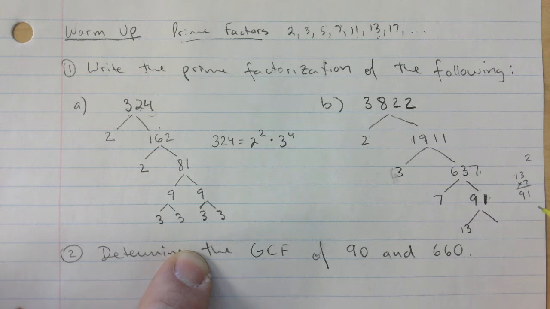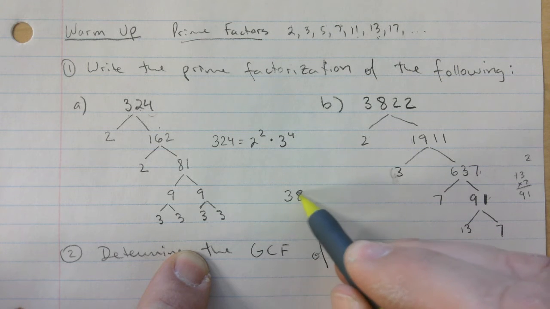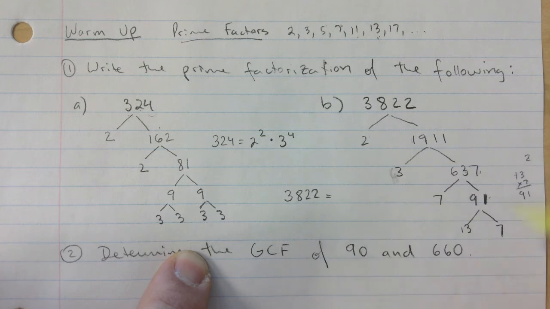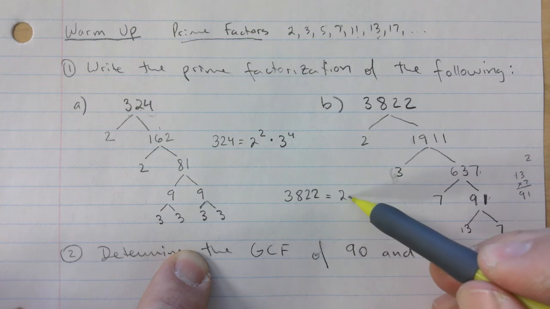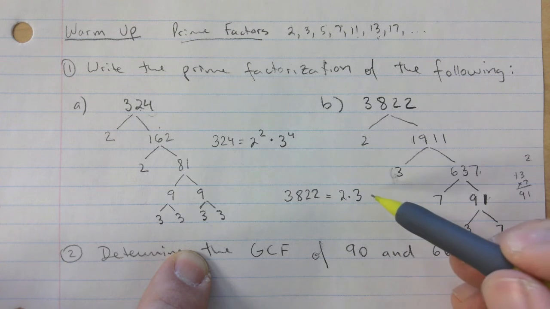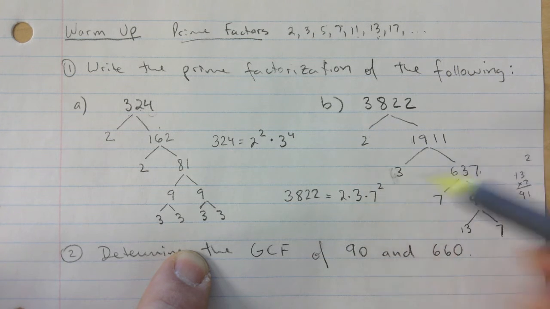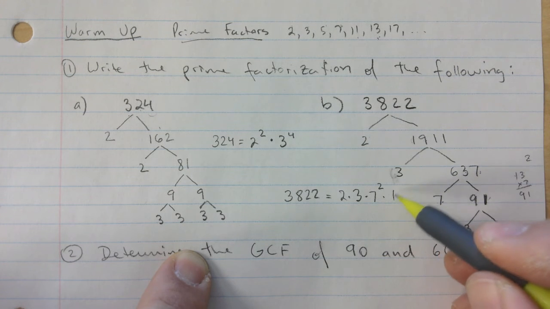So you've double checked there. So it's 7 here as well. And yes, it's not quite in order, but then we conclude that 3,822 is 2 times 3 times 7 squared, because there's a 7 there and a 7 there, times 13.